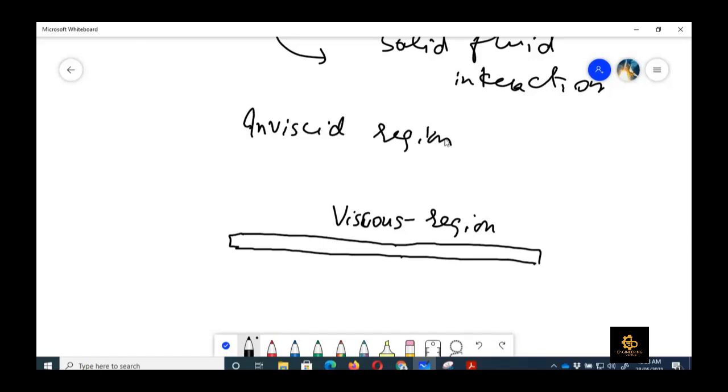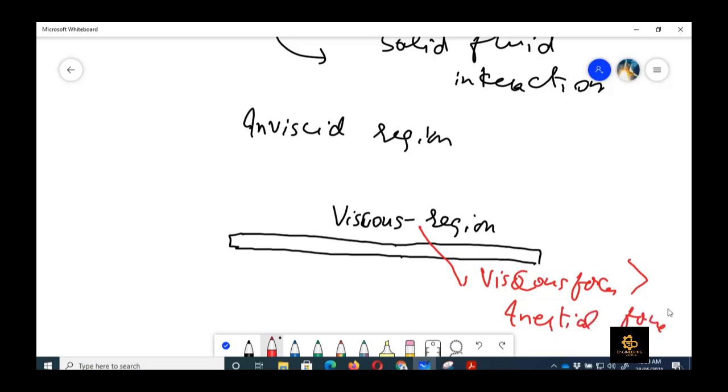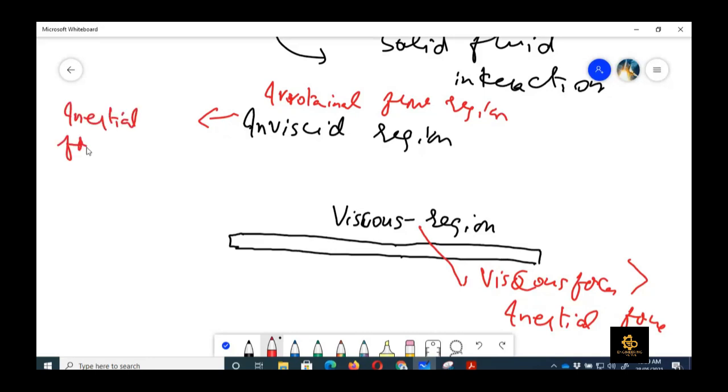Viscous region is the region where the viscous forces are greater than inertial forces. And the inviscid region, or we also call it the irrotational flow region, is the region where inertial forces are bigger than viscous forces.